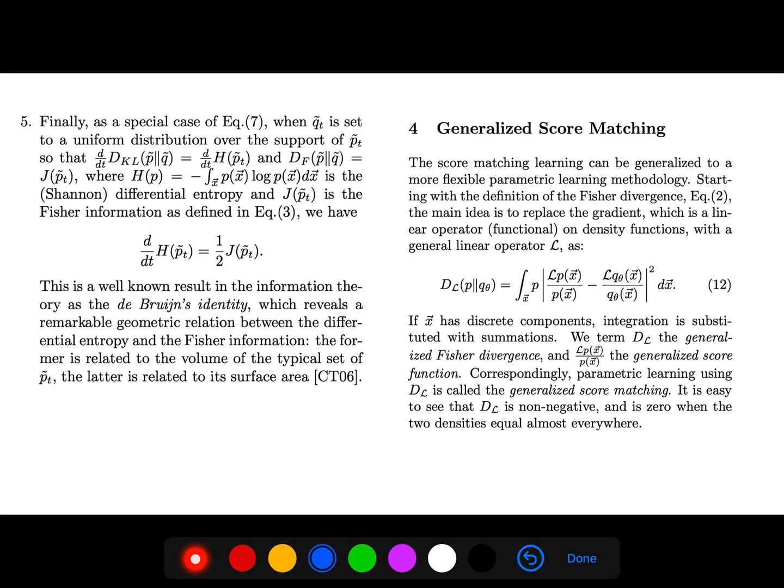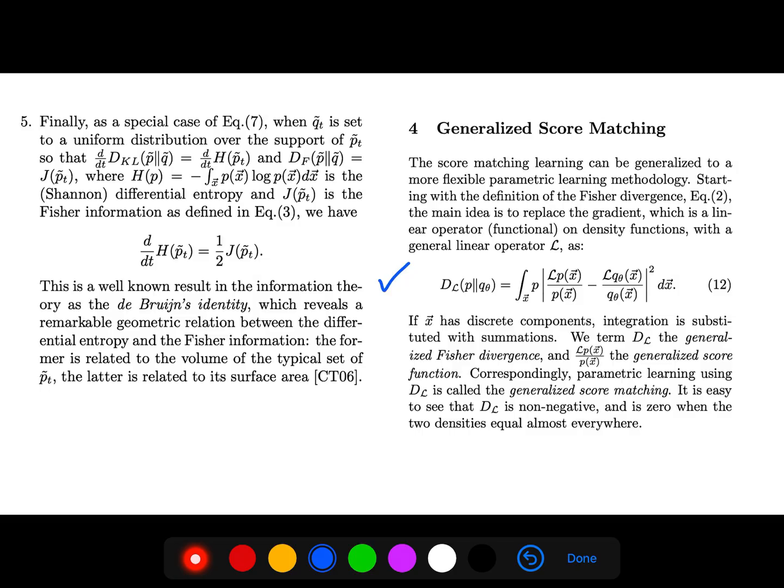But what is generalized score matching? The score matching learning can be generalized to more flexible parametric learning methodologies, starting with the definition of Fisher divergence. The main idea is to replace the gradient, which is a linear operator on density functions, with a general linear operator. If X has discrete components, integration is substituted with summation.